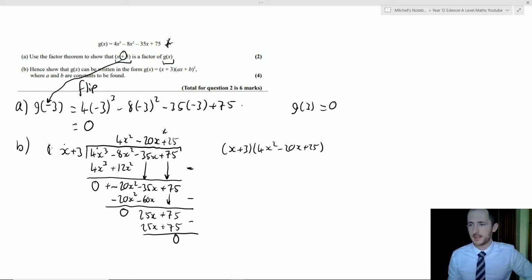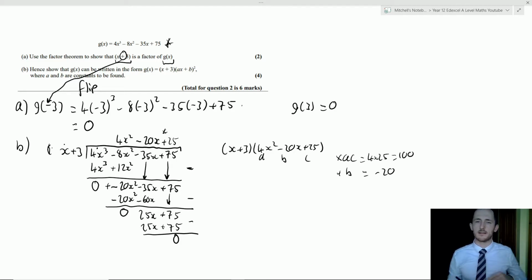So now we need to factorize this. Again, if we label this A, B, C, you're looking for two numbers that times to AC, which in this case is 4 times 25, and adds to B, which in this case is minus 20.